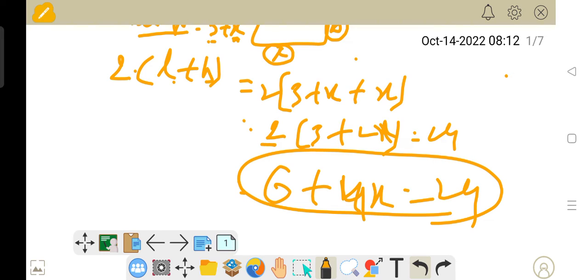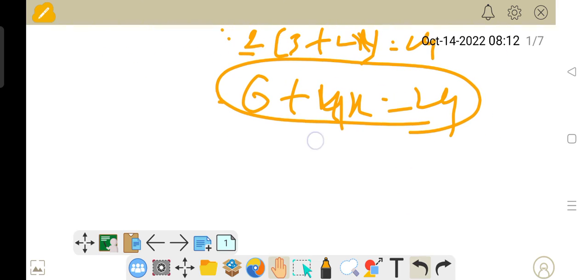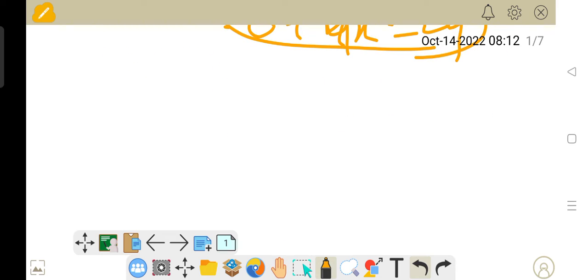Next one is example 2. Convert the simple equations into statements.